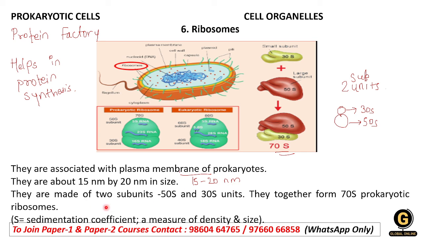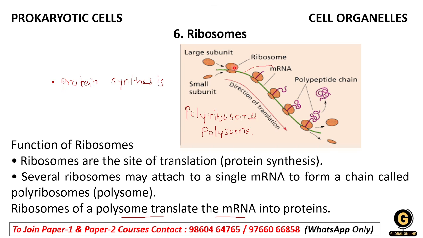They are made up of two subunits, 50S and 30S. 30S is the smaller subunit and 50S is the larger subunit. The function is protein synthesis. It is a PYQ question that when several ribosomes are attached to a single mRNA, it is called a polyribosome or polysome.